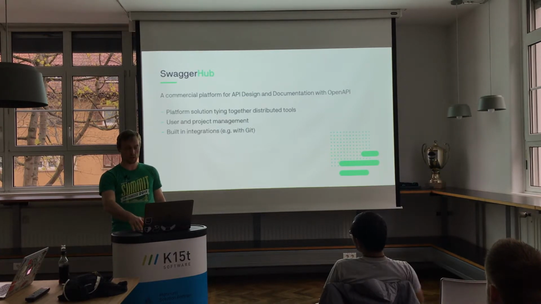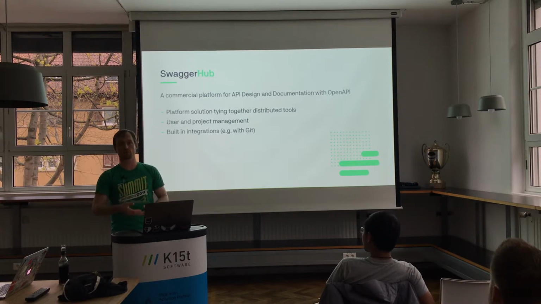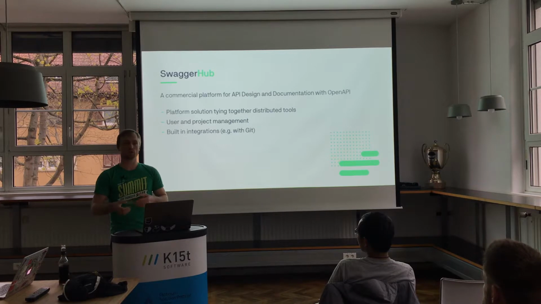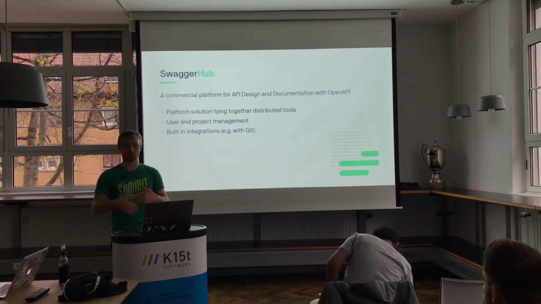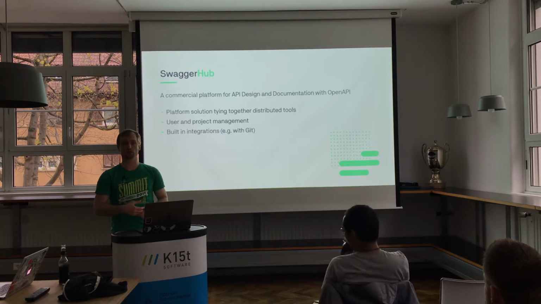And SwaggerHub is a commercial platform, basically bundling everything, plus providing additional features like enterprise-level user and project management, and integrations with Git, so you can load your specifications file from Git or persist it to Git, bringing together a whole tool suite for API documentation.